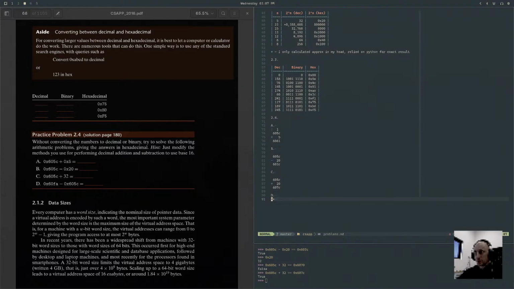And then down here, D is 60FA minus 605C. That's going to result in A minus C. We're going to have to borrow from this. So that turns F into E, we get a 1 out of that.